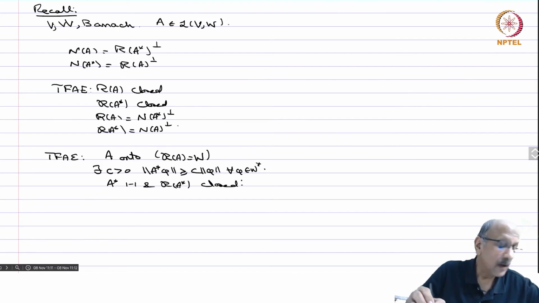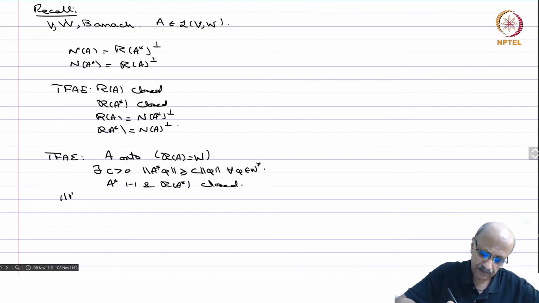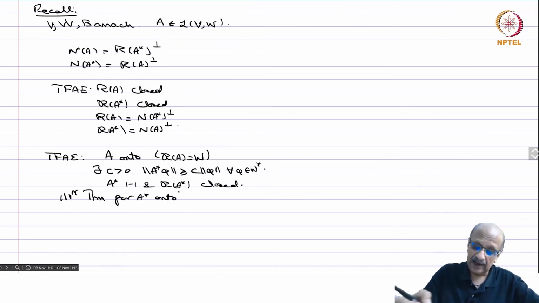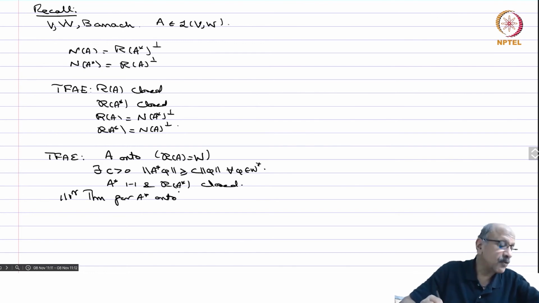Okay, these three, that means we have shown they are equivalent. A similar theorem holds for A star, with A star replacing A and A replacing A star; you have an identical theorem that I left as an exercise. So we have proved all these things.